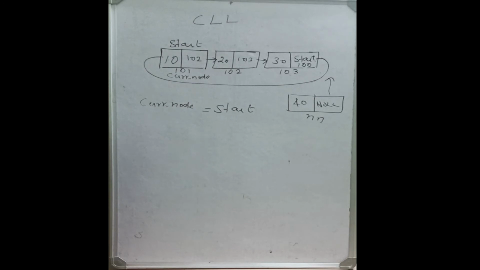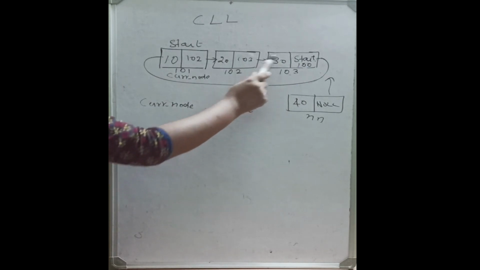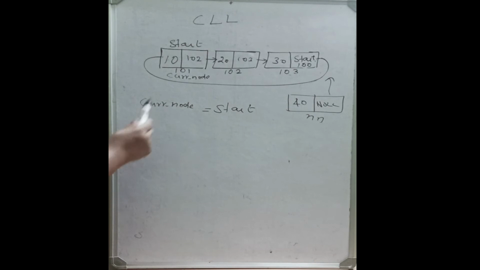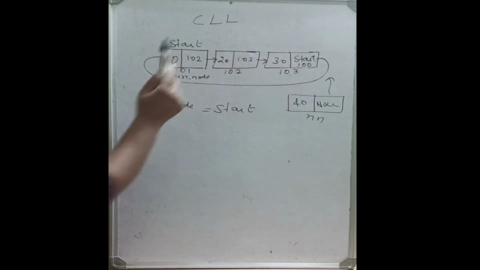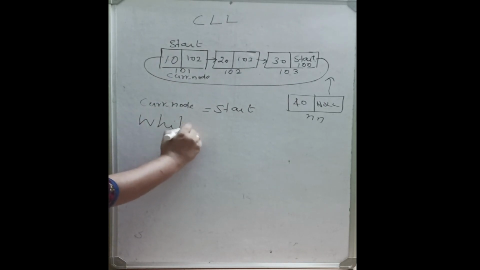Before, in a singly linked list, we brought this current node from here to the end. How did we identify the last node? The last node will have a null field. Whenever we reached a null field, we stopped. So now how can we identify it? The same way: instead of null, we have the address of start. So we have to check the condition now.